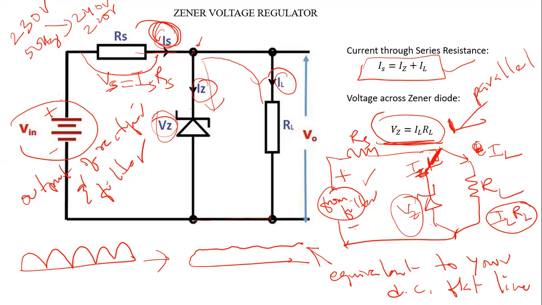So if Vz cannot increase, that means IL cannot increase. If IL cannot increase, the increase of Is will be compensated by an increase of Iz.